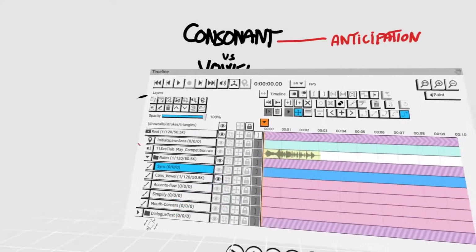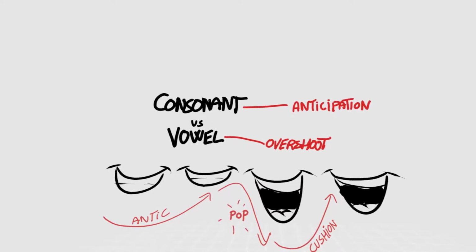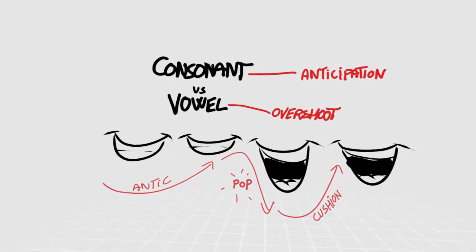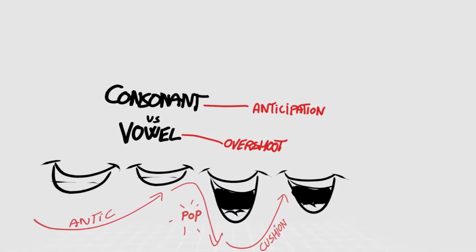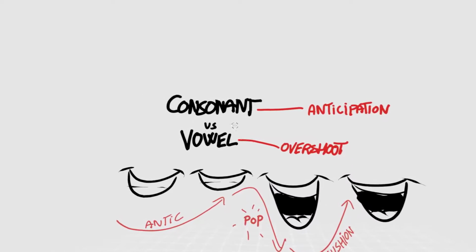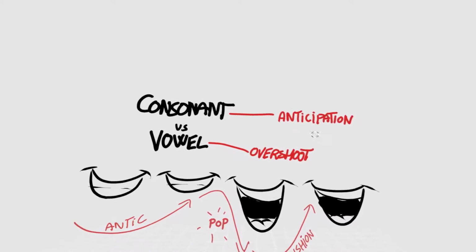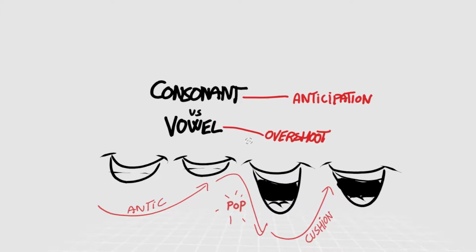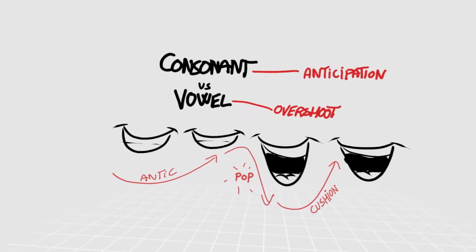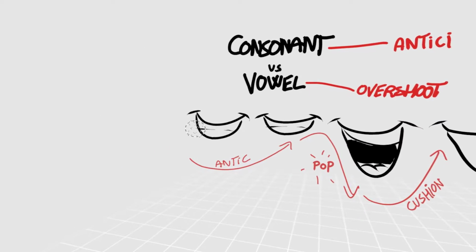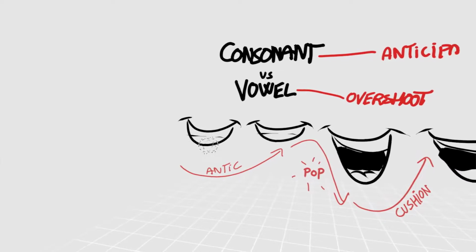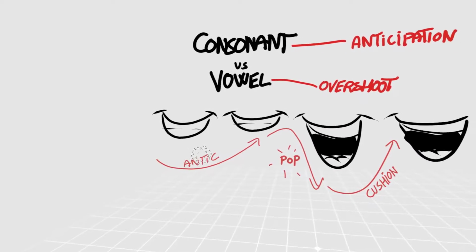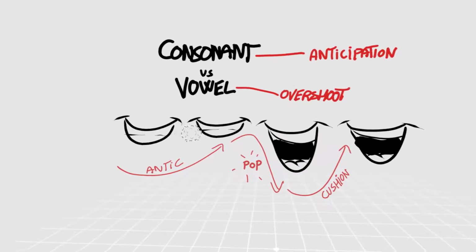This is the next topic. Consonant and vowels, there needs to be a contrast between them, right? And the way I like to see it is a consonant is always like an anticipation, and the vowel is always like an overshoot in your animation. So you have your consonant here, your mouth closed, whatever consonant it is, and you anticipate the vowel.